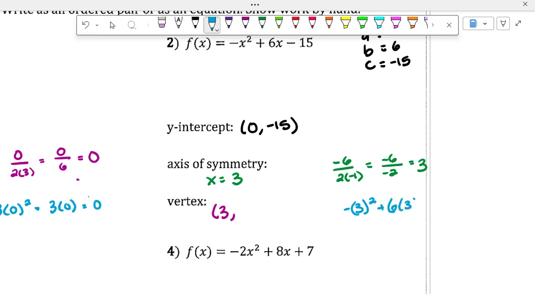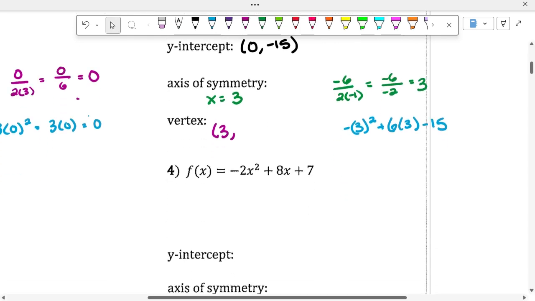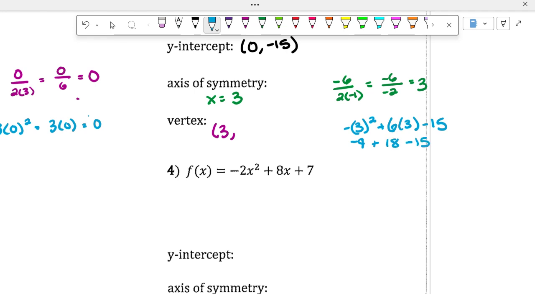Good. Good. So remember, since the negative is originally in the function, we're only squaring the 3 and then applying the negative after. So 3 squared is 9, so we have negative 9 plus 6 times 3, which is what? 18 minus 15. So 18 minus 15 is 3. So Chris, what's negative 9 plus 3? Negative 6. So that is the y value of my vertex.